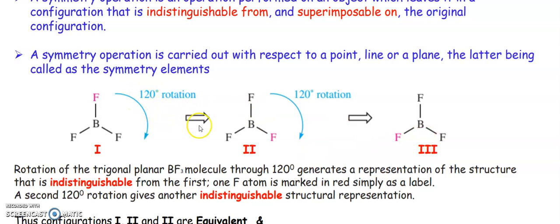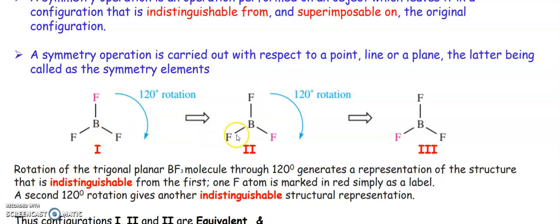You can see 1, 2 and 3. After 120 degree rotation, this structure becomes like this, meaning shifting of fluorine from here to here. And again, if you rotate 120 degrees, this F, which is pink color, comes here, and with further rotation you will get the indistinguishable structure. Rotation of the trigonal planar BF3 molecule through 120 degrees generates a representation of the structure that is indistinguishable from the first.